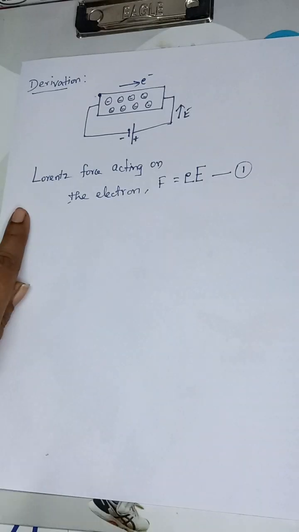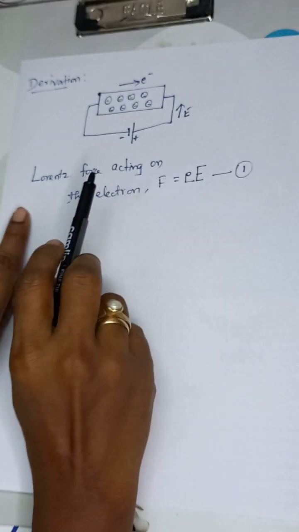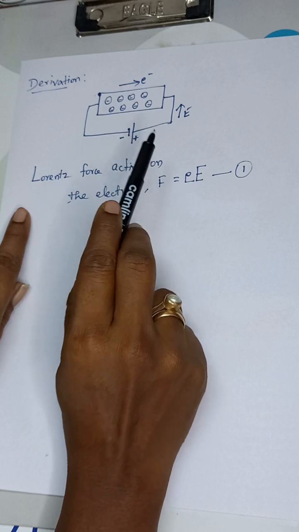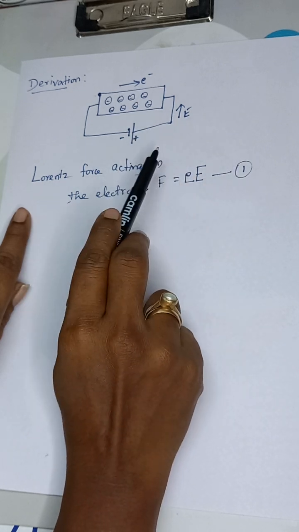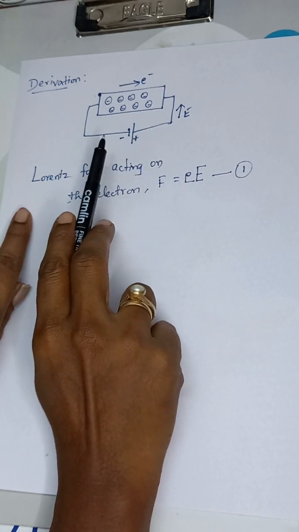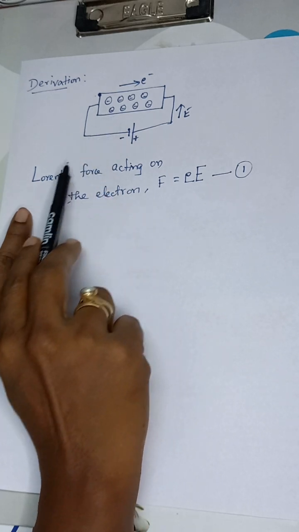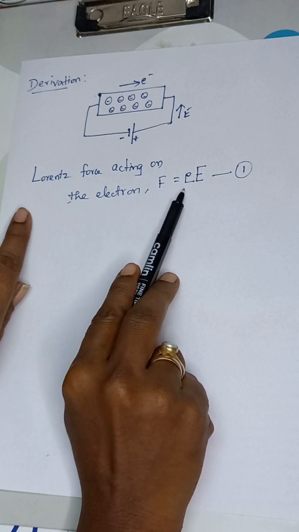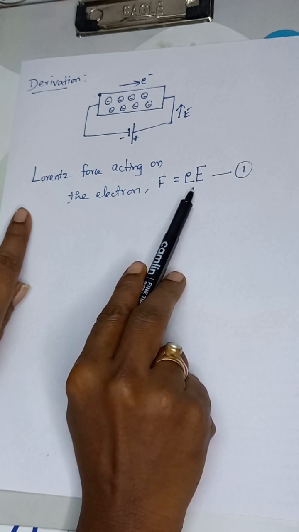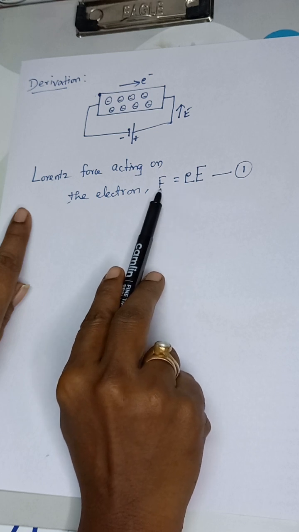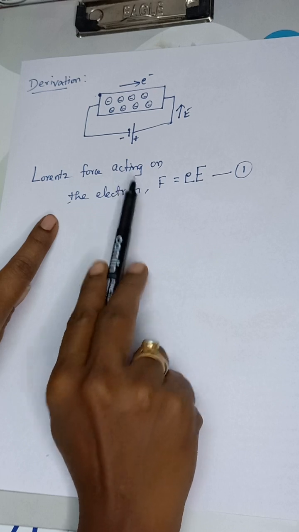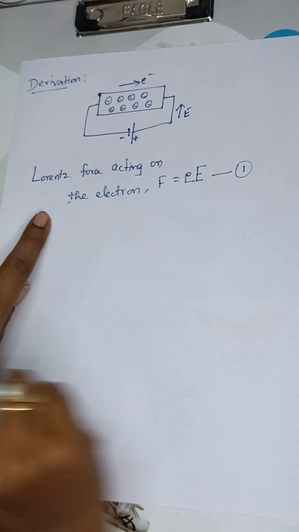Take it as equation 1. The force gained by a charged particle placed in an electric field is called the Lorentz force, which can be written as the product of the charge of the electron and the applied electric field. So the Lorentz force acting on the electron due to the applied electric field is equal to e into E.